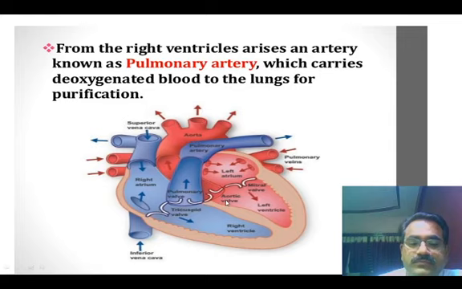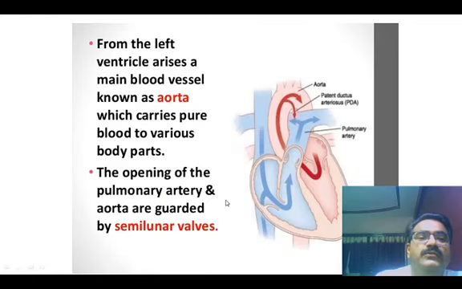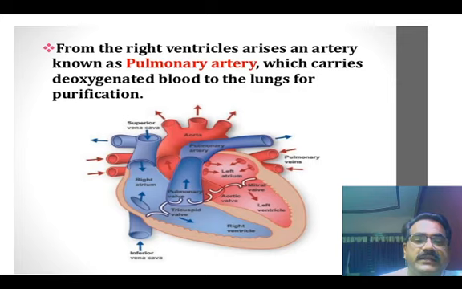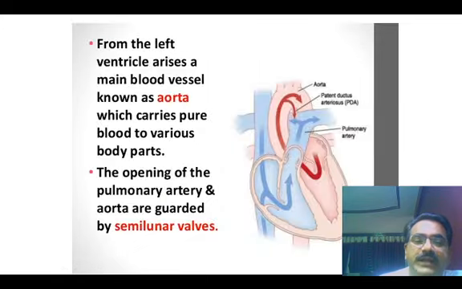Now from the left ventricle arises the main blood vessel known as the aorta, that is the dorsal aorta. Here there are three main vessels that arise from the ventricles.